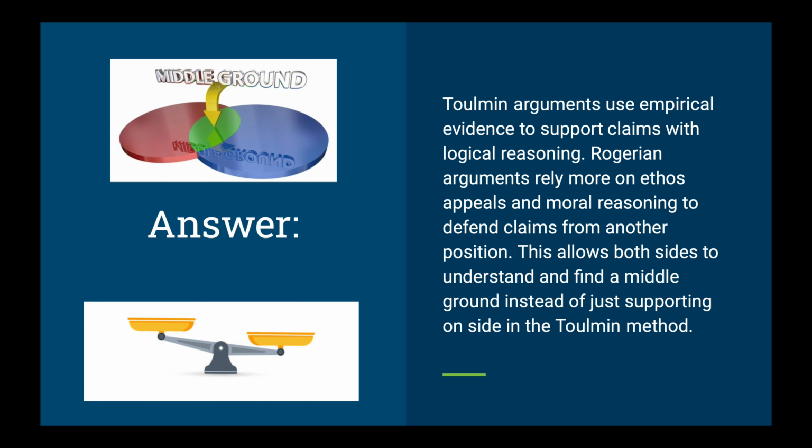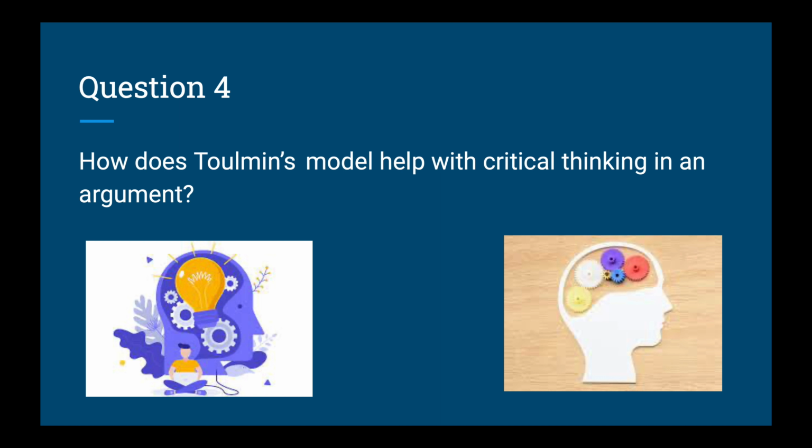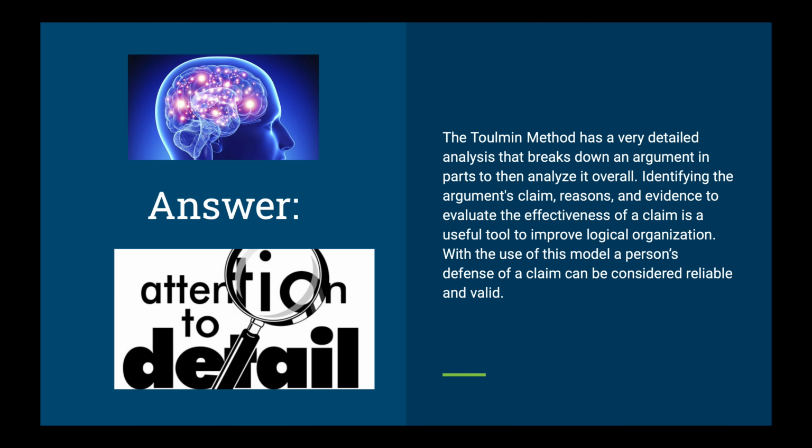And for my fourth question, how does Toulmin's model help with critical thinking in an argument? And for my answer, I said that the Toulmin method is very detailed and looks at the small things in an argument and analyzes those things, and it identifies the claims and reasons and gives evidence to back that claim.